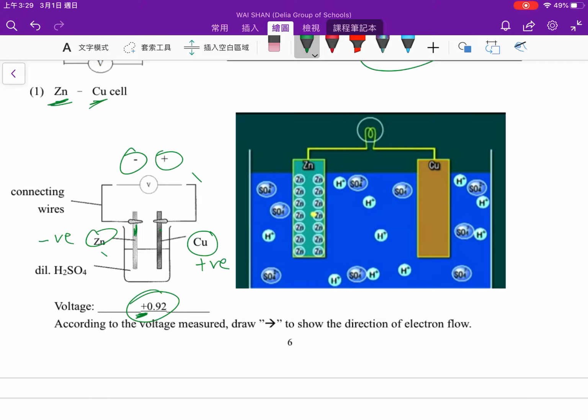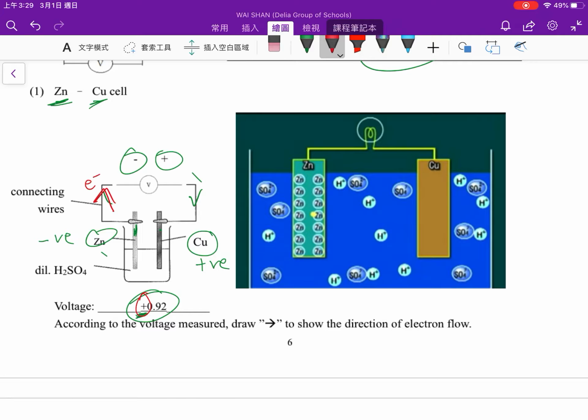That means the electron is coming out from zinc and going back to the copper electrode. Okay, very important. The positive or negative reading from the voltmeter can tell us the direction of the electrons.